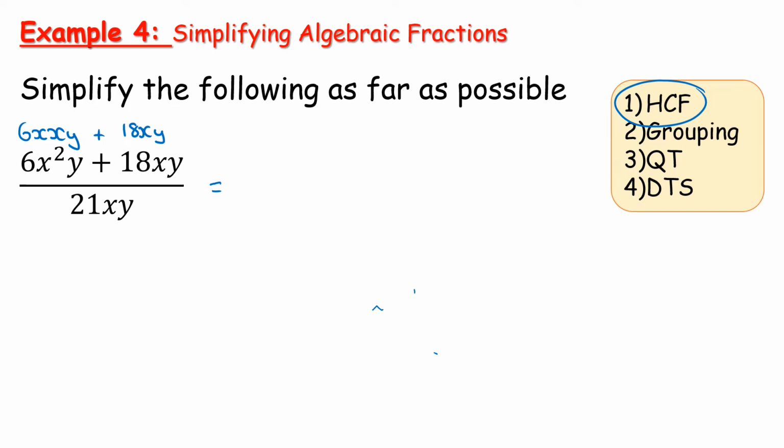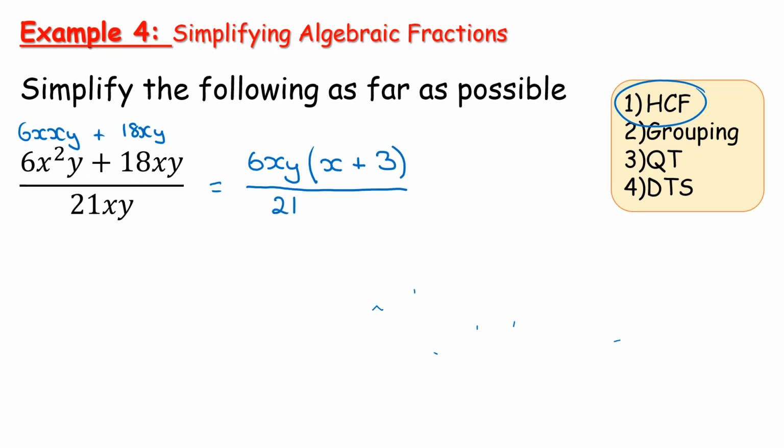If we do highest common factor, it is 6 and an x and a y. That's everything that's common. That leaves you with an x, or a 1x if you prefer, plus 18 divided by 6 is 3, and there's nothing left with that. That's all over 12xy.